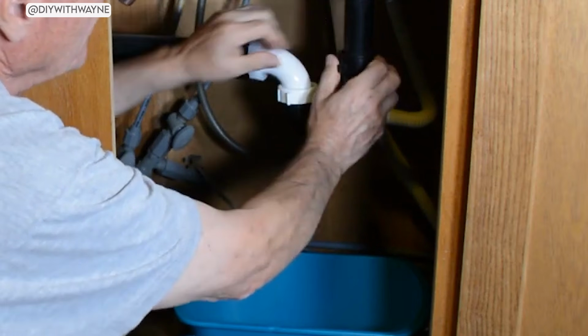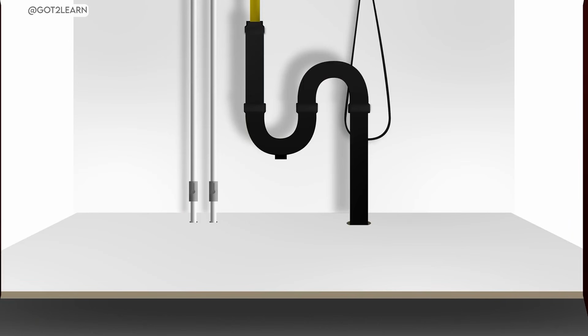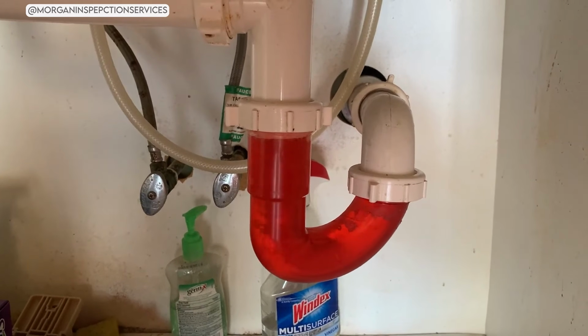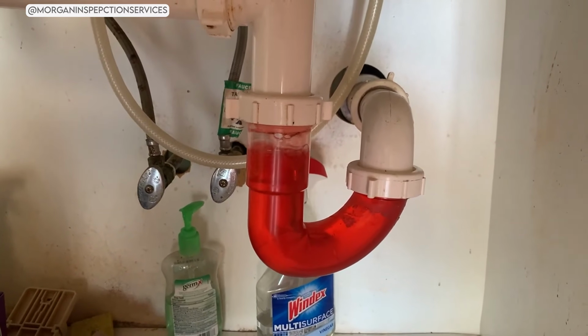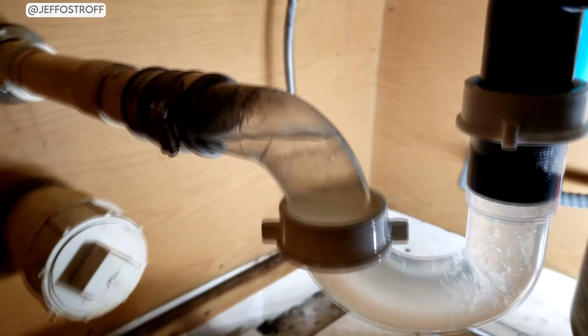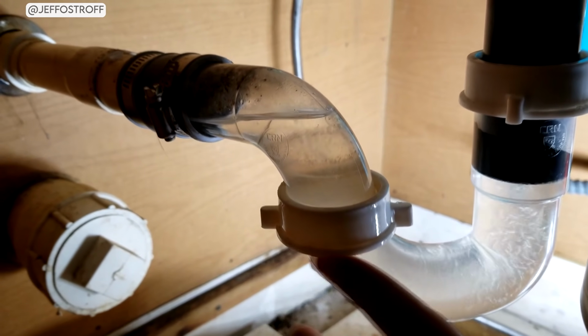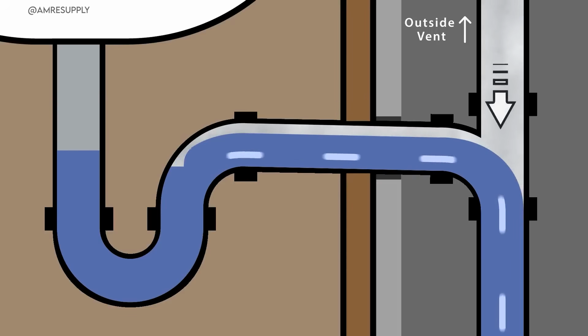The third thing you need to know is how any plumbing trap works in the first place. Every sink, shower, and toilet in your home has some kind of trap, and they all work on the same basic principle. The curved section of pipe holds a small amount of standing water at all times, usually about 2 inches deep.